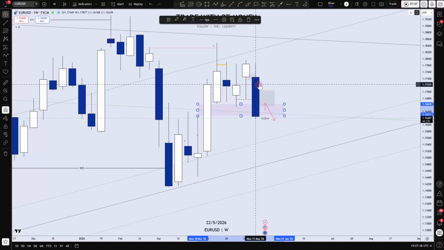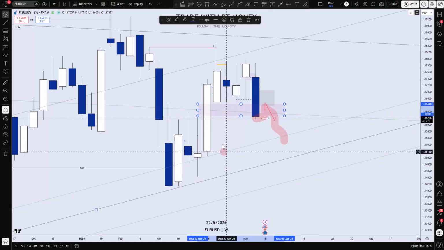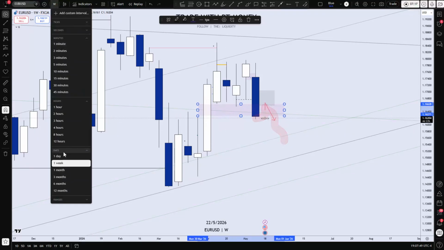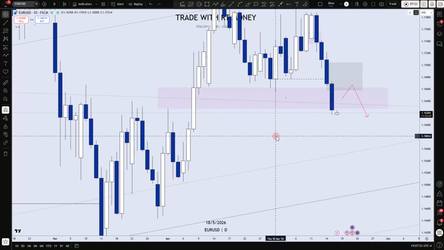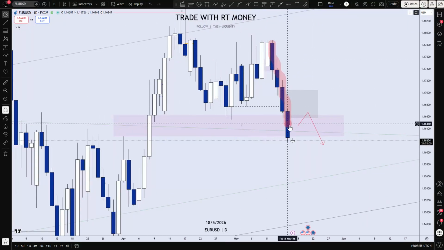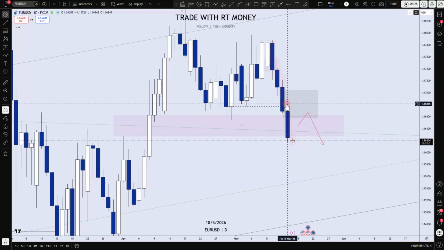But because we close below the low of this consolidation in such a fashion, I'm looking for a pullback. And then further down, if we go to the daily, what you can see is that in that impulsive move down, this is Tuesday, Wednesday, Thursday, Friday.